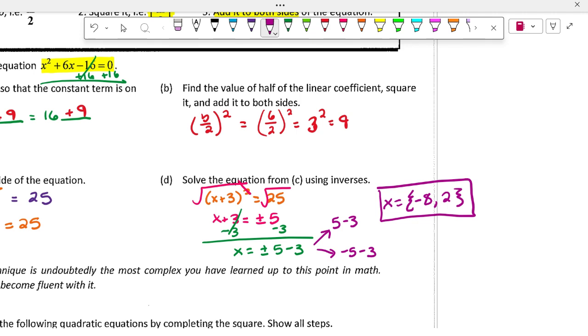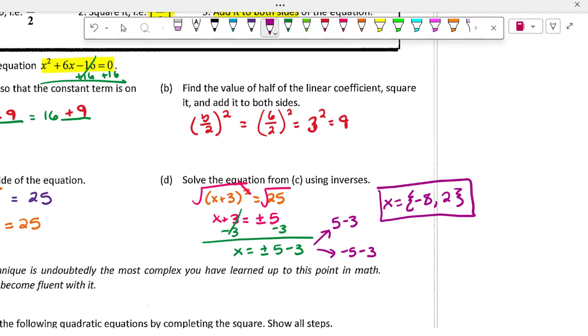You can technically solve by completing the square for any quadratic, but it gets ugly at some point. Because you're trying to get the x on one side, we'll just end up undoing what you already did.